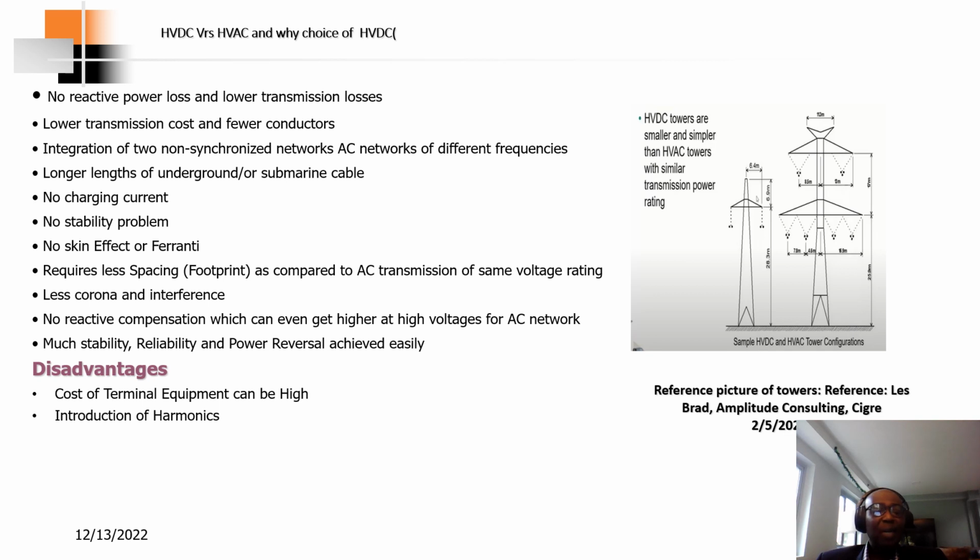Because of the power electronics of these converters, it introduces harmonics, especially for current source converters like line commutated converters, and it requires filters. And these filters introduce additional footprint and additional costs.